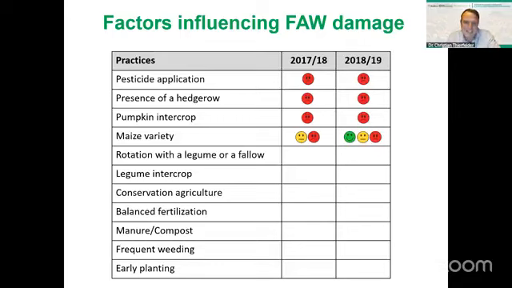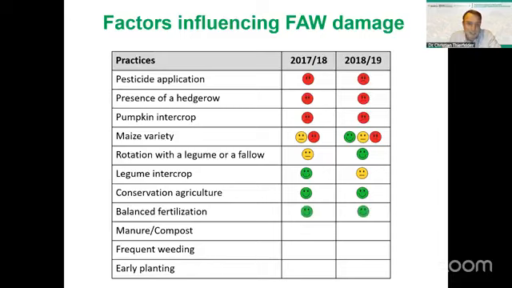And that's actually when we became very, very grateful for the work that Prasanna and his team did. Then rotations with legumes or fallows were very beneficial, especially with legumes. Conservation agriculture, a cropping system based on minimum soil disturbance, crop residue retention, and crop diversification, was very effective.